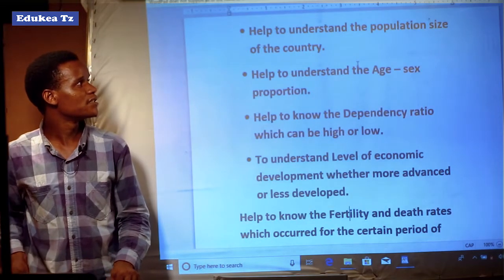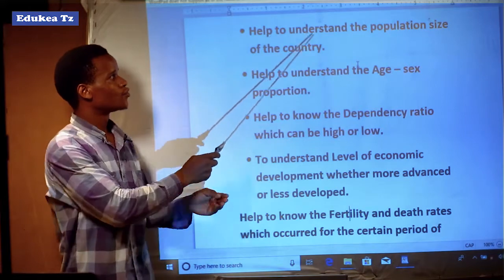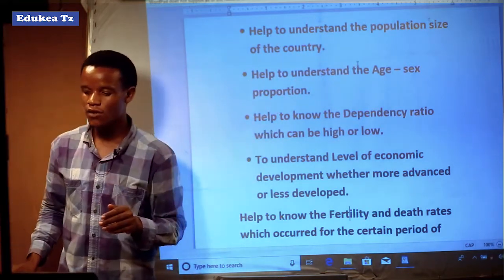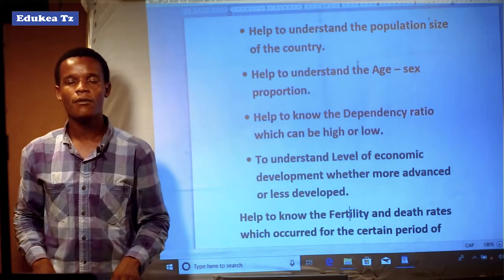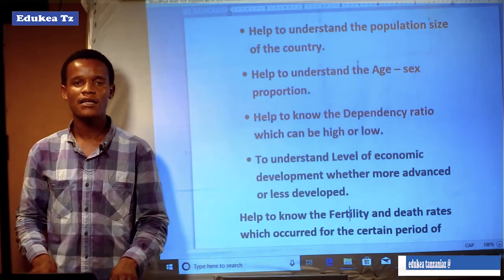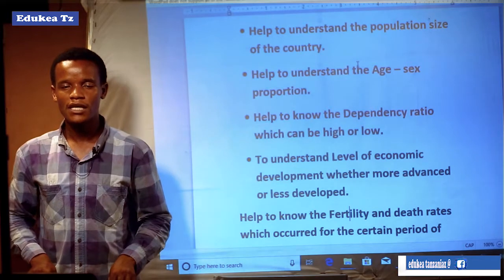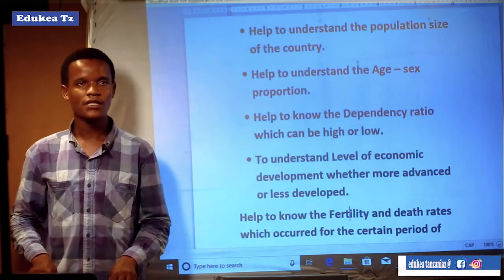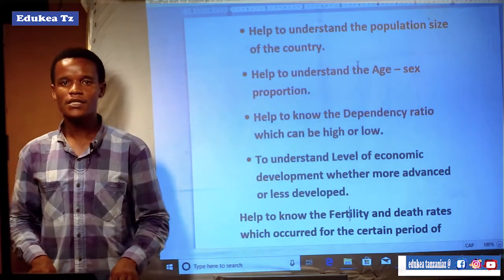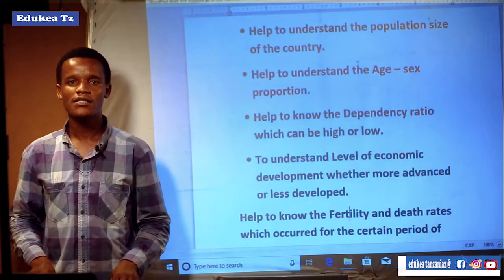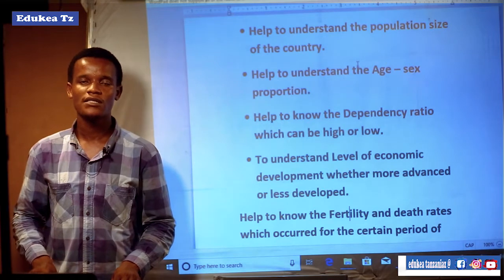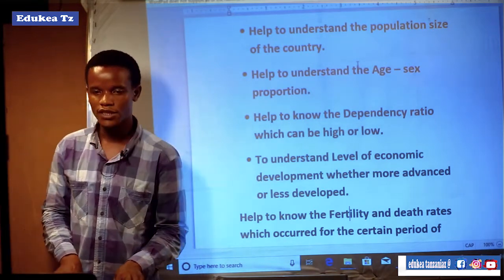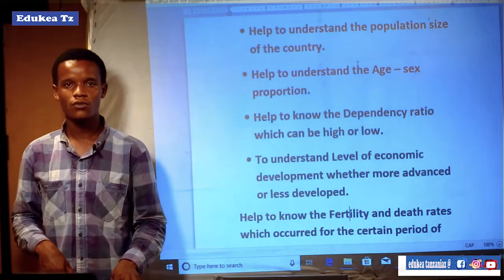Another thing it helps to understand is the population size of the country. Here we are going to look at the size of the population. We can determine the population size of a certain area through the age-sex pyramid. By looking at it, one can recognize the size of the population, either large or small.